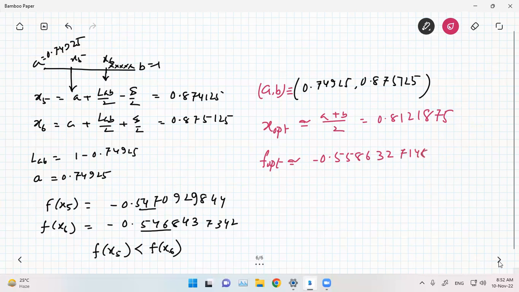So this is the solution of your dichotomous search. So you can either take the number of iterations first, or in each step you check whether the stopping condition is arrived or not. Okay, so see you in the next class with a new method.